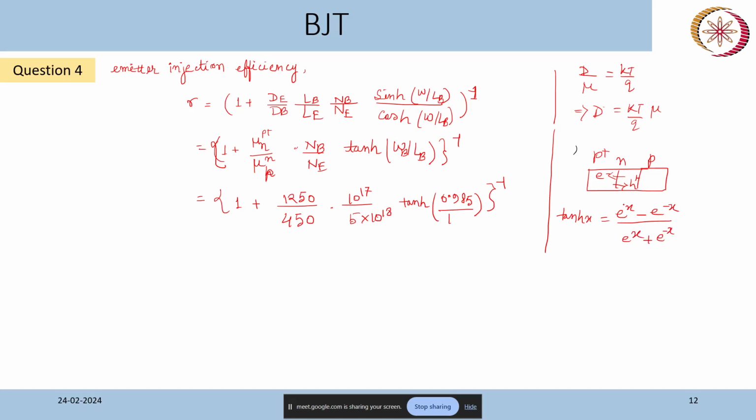So exponential of 0.0985 will be 1.103, and exponential of minus 0.0985 will be 0.906.